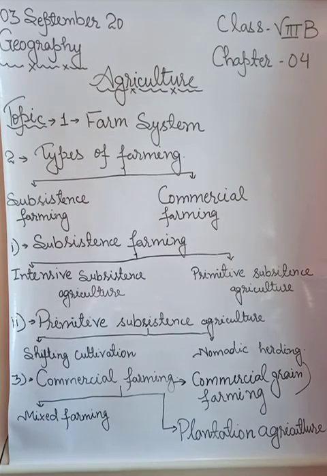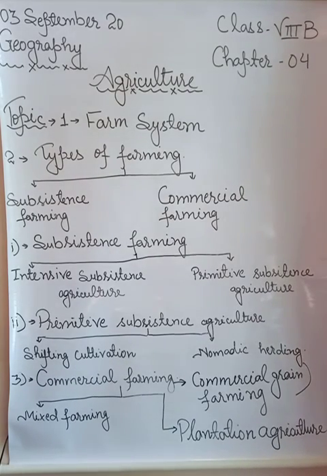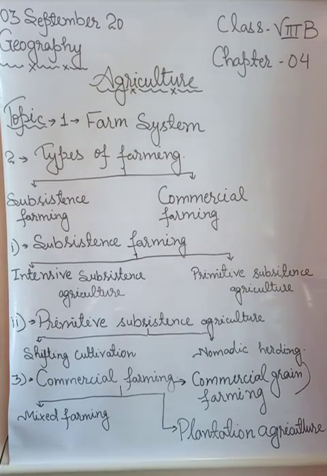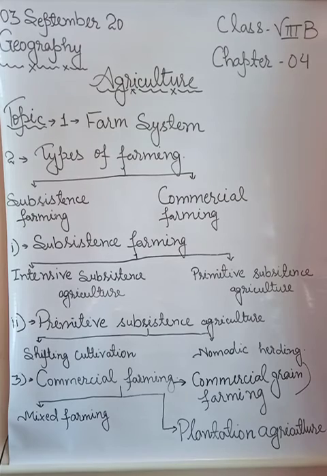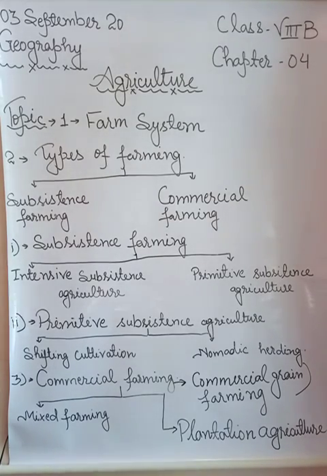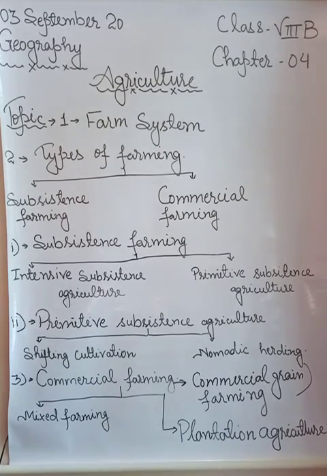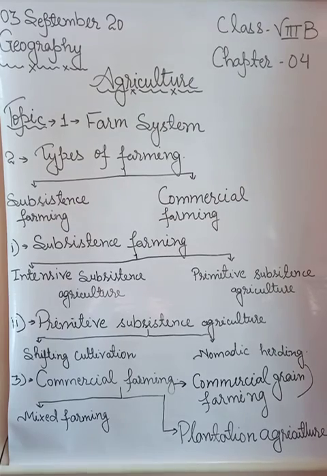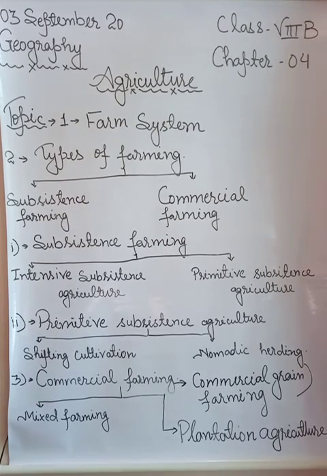Students, in this type of commercial farming, farmers grow a single crop like tea, coffee, sugarcane, cashew, rubber, banana or cotton. And students, in plantation farming, a large amount of labor and capital, or money, is required.